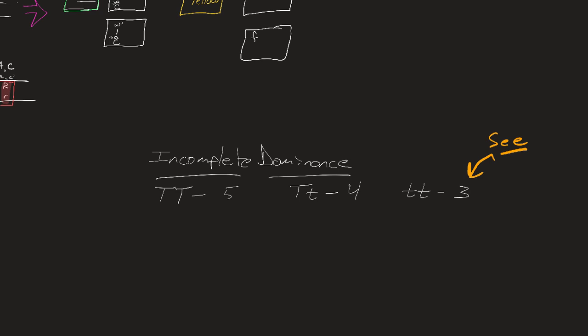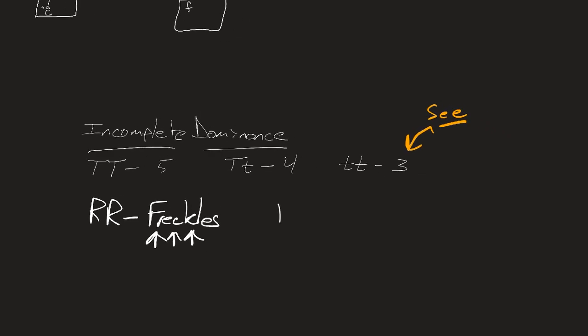Then with incomplete dominance, you have big R, which gets you freckles, let's say 10 freckles or something like that. Big R gets you a lot of freckles. If you have big R, little r, you have some freckles.